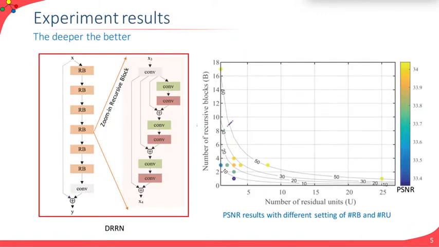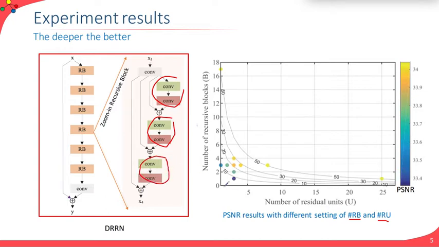This is the experiment result of the proposed method, with different settings of number of recursive blocks and number of residual units. For example, in this architecture, we have six recursive blocks and 3 residual units.